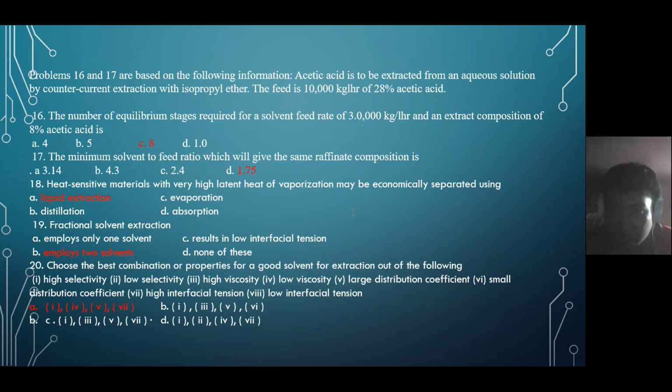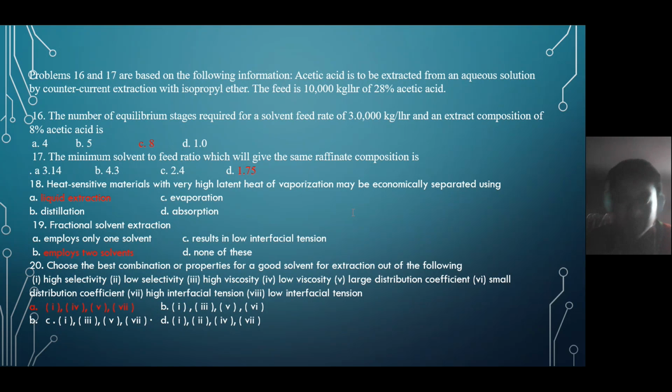Increasing the temperature increases the solubility of solutes in liquid solvents in general. The extent to which this occurs, however, may differ dramatically between solutes. So our only answer will be liquid extraction.